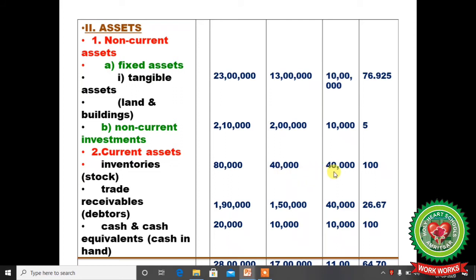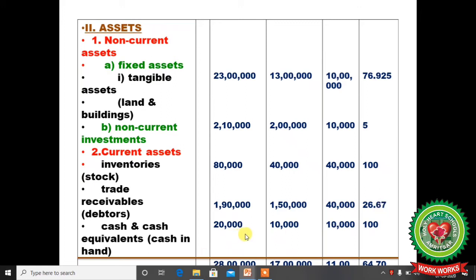The absolute change is 40,000. So 40,000 multiplied by 100 divided by 40,000 is a 100% change. Now debtors: 1 lakh 90,000 and 1 lakh 50,000, absolute change 40,000 and percentage change 26.67.